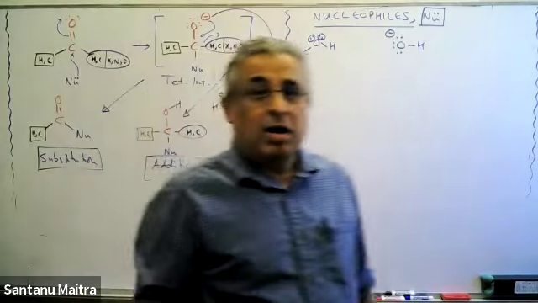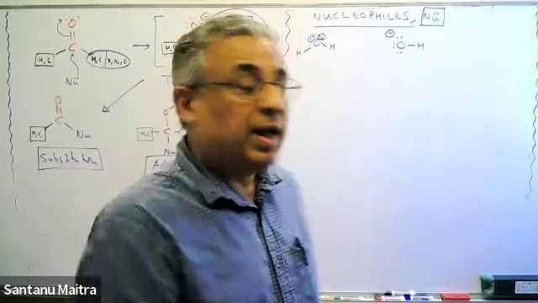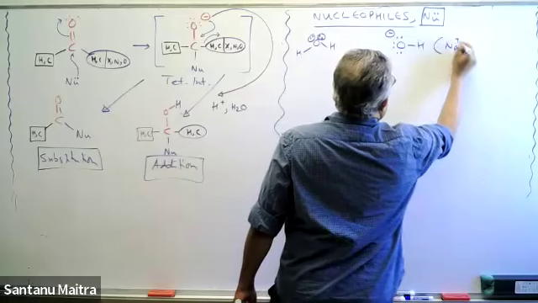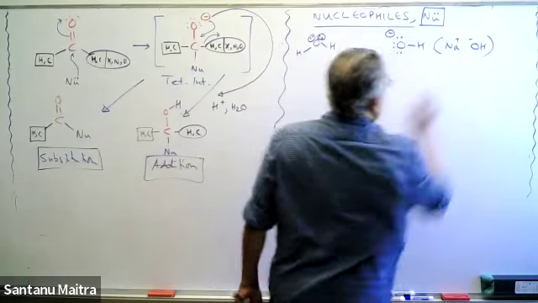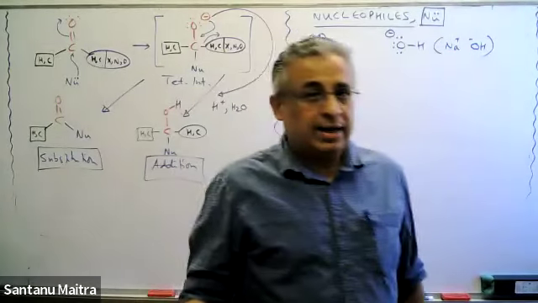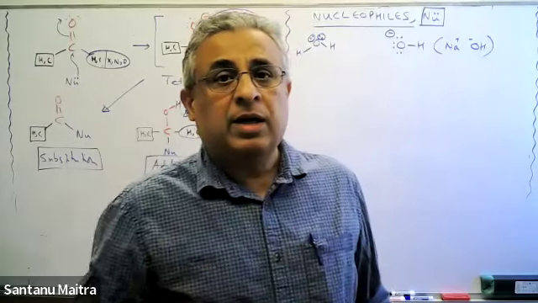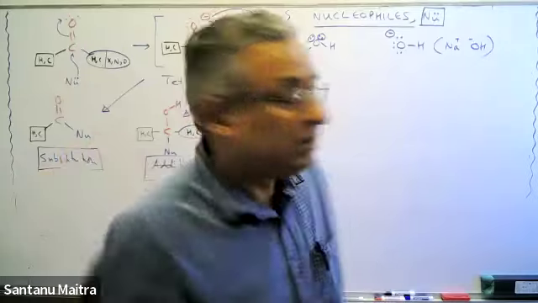OH minus cannot come alone. It has to come with a cation, so it's packaged as sodium hydroxide, potassium hydroxide, calcium hydroxide, etc.